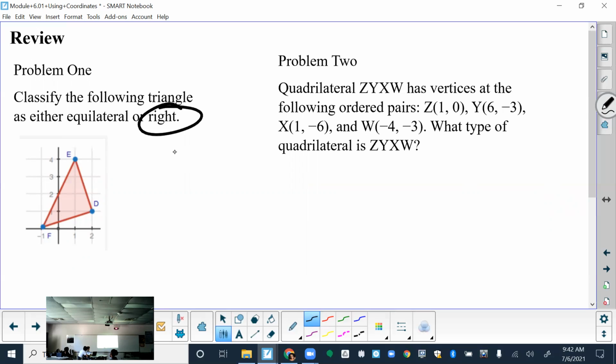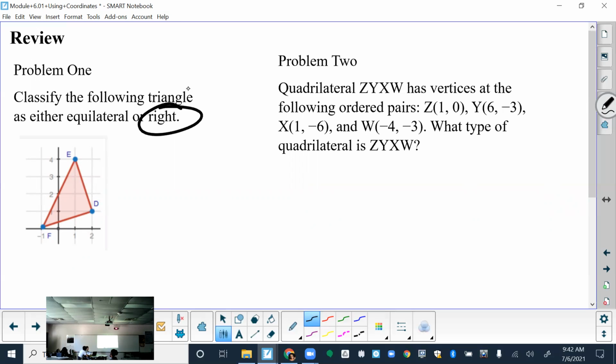And why would it not be an equilateral possibly? Good, you can tell just visually that all these sides are different lengths. It didn't give us that option, but we could also verify if it's an isosceles or not.